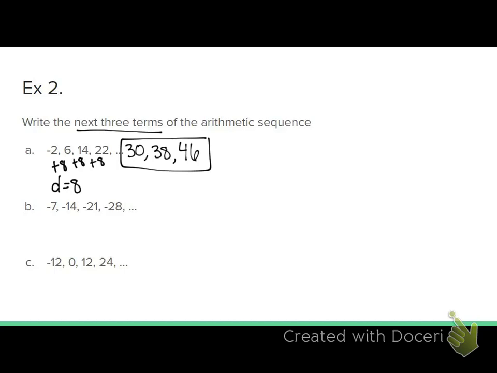Wonderful. All right, what's the common difference on letter B? -7, good. So what are my next 3 terms? -35, -42, and -49.